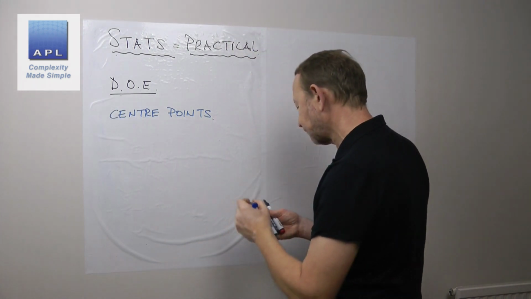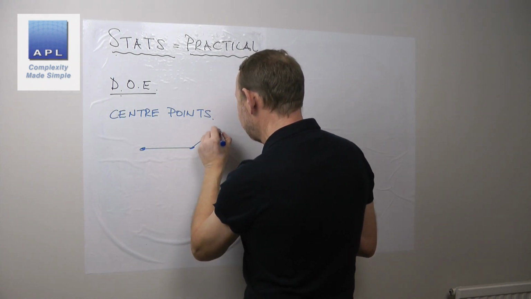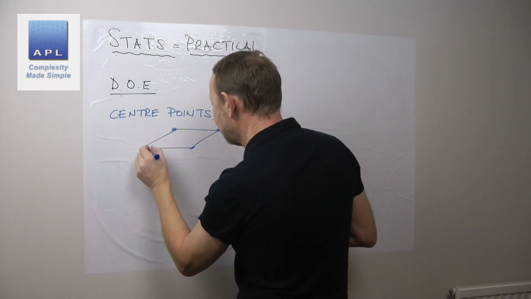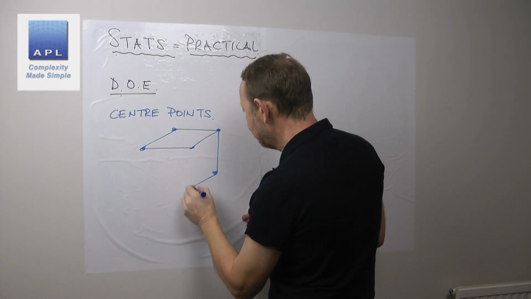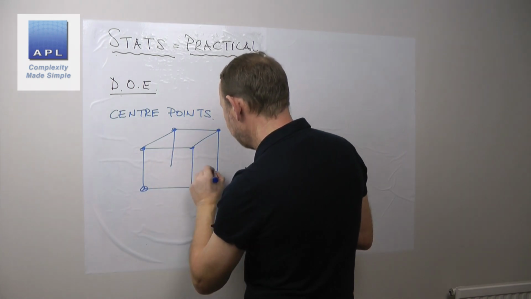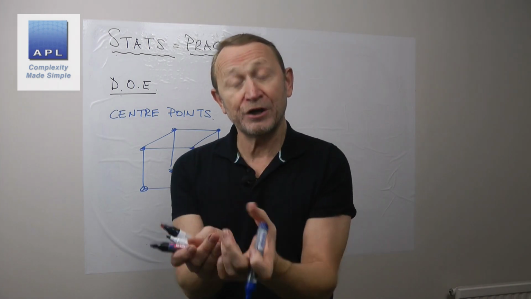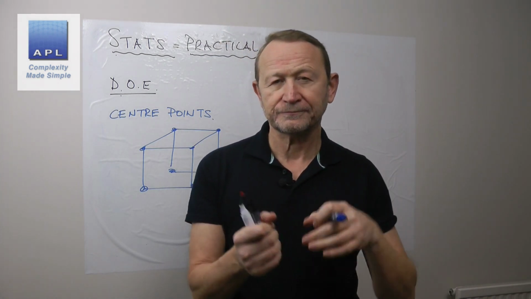Just to give you a little bit of DOE theory, let's say we're testing 3 variables: time, temperature, and pressure. We're going to test at those 8 corners, and we're going to assume linearity.